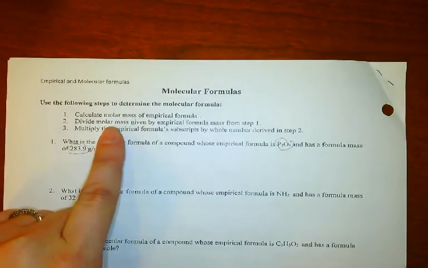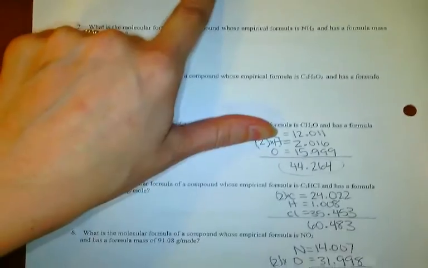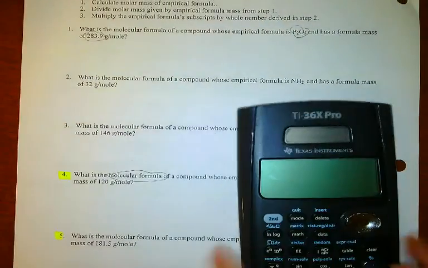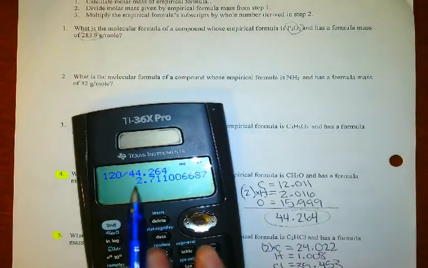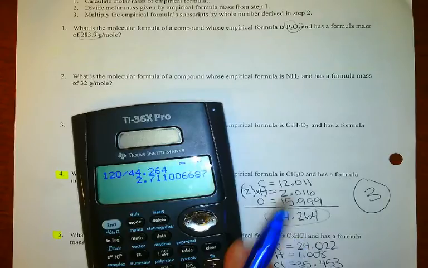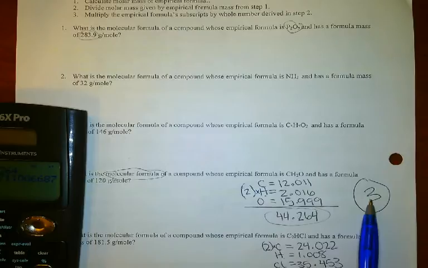Okay. Then it says divide the molar mass given by the empirical mass calculated. So I'm going to take my given mass of 120. Okay. 120 is the given, divided by 44.264. That gives me 2.7, so it's just about 3. Okay. So that means each CH2O weighs about 44, but total I have 120, which is about 3 times as many.